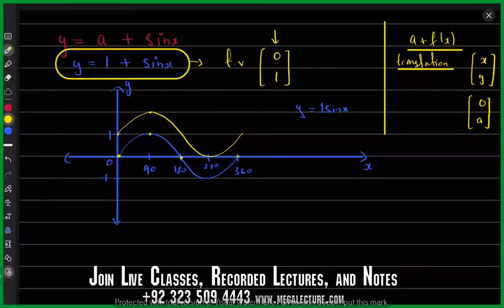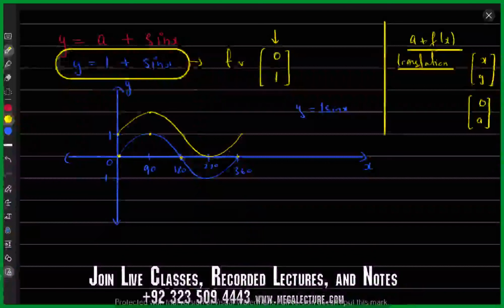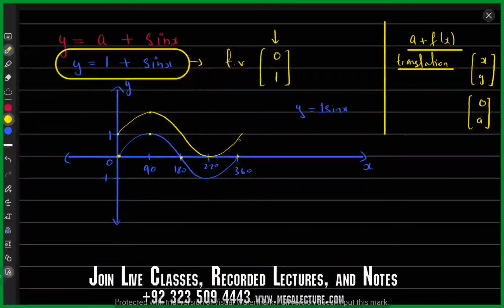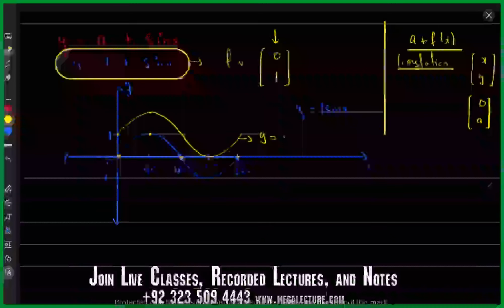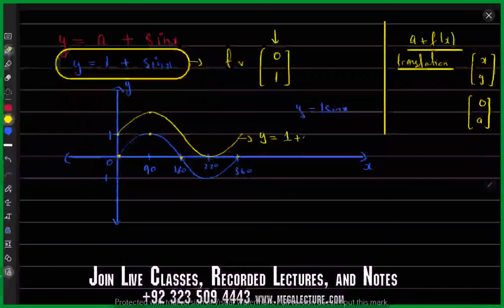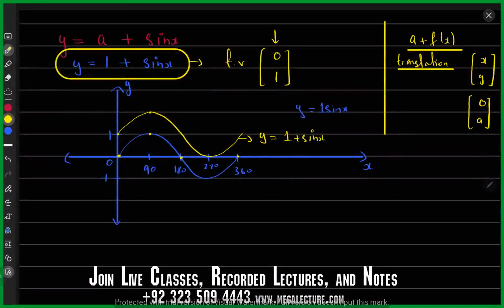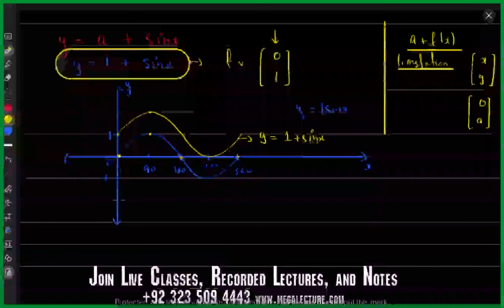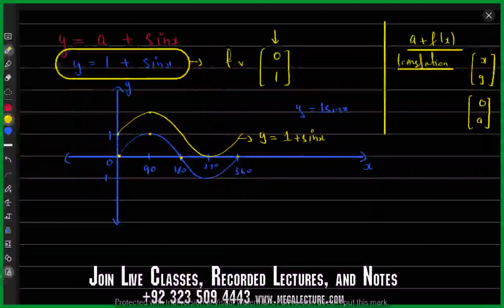Just pick the graph and take it 1 unit above, and then you would get this yellow graph, right? So this is basically for y equals 1 plus sine of x. Okay, any confusions with this? No, ma'am. Okay, very good, well done.